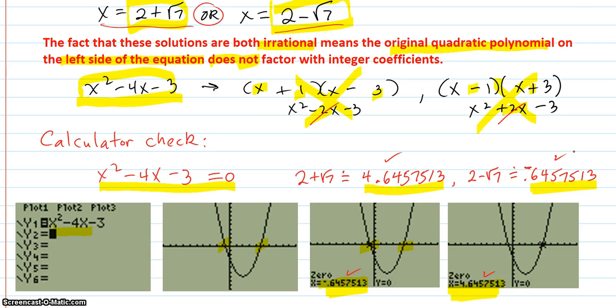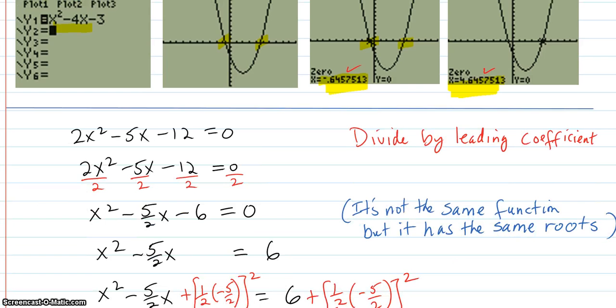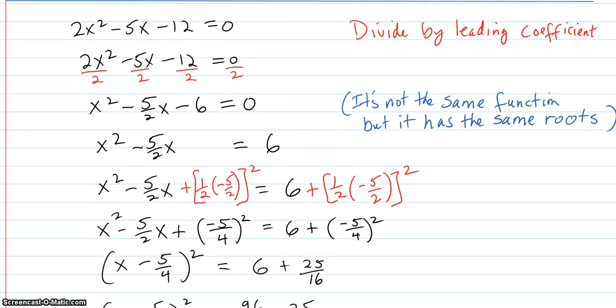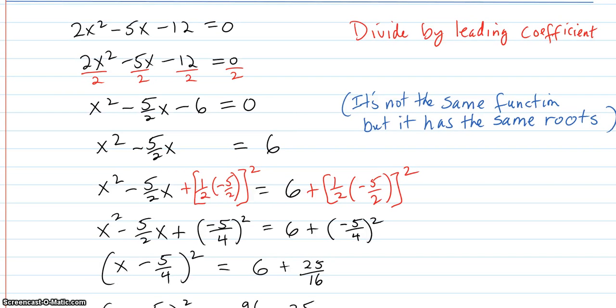Alright, now on to a different example. So this one we have this here, and divide by the leading coefficient, in this method divide by 2, throughout, and you get a little fraction here, but that's okay.